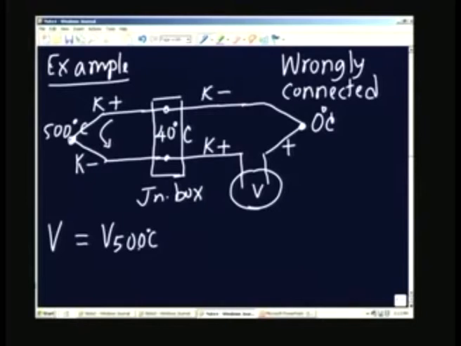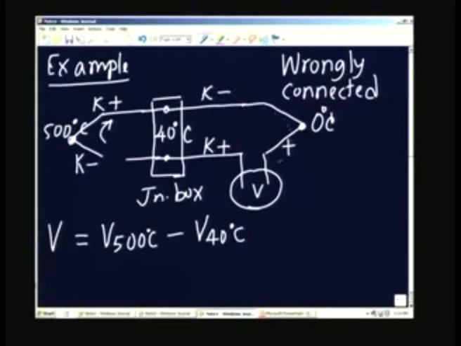So, for the 500 degrees I will get a positive voltage, let us say. Then I will get a negative voltage corresponding to 40 degrees. So, actually I am going the other way. This would give you positive, and then I am going from positive to negative here. Here I am going from negative to positive, positive to negative. I will get minus V 40, all with respect to 0 degrees, because we are going to use the same table.